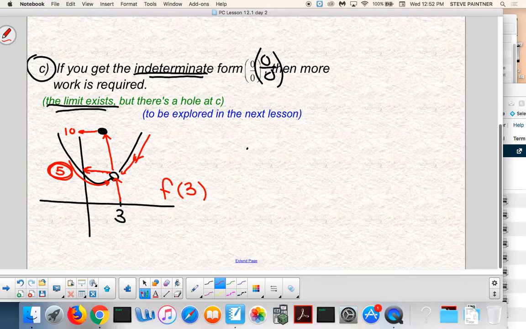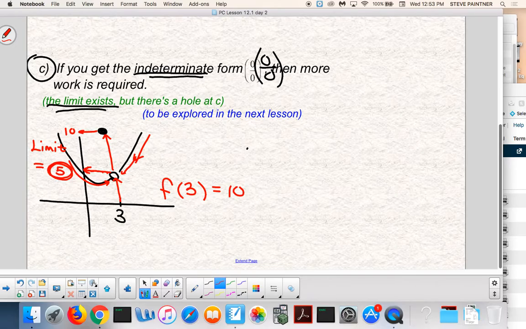The answer's 10. But the limit is 5. That's the trickiest problem I have for you. Some students are going to say 5's the answer, some are going to say 10's the answer. It's what you're approaching. You're approaching 5. The real answer, if you plug 3 in, is 10.